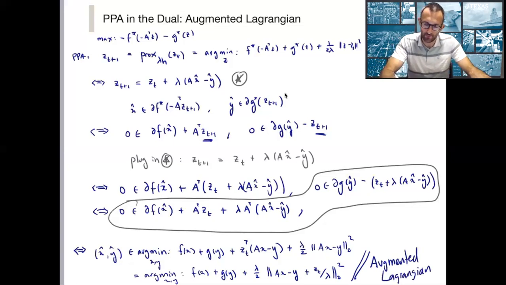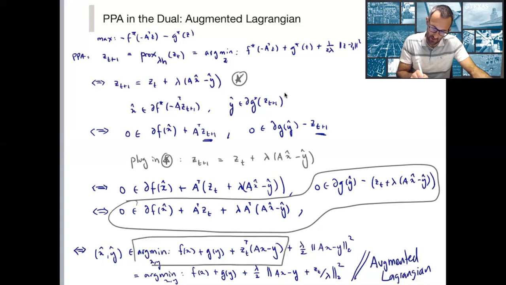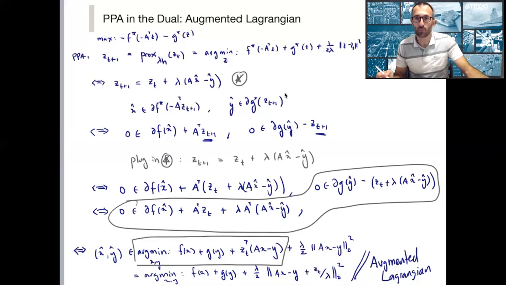Looking at this first part, if I just had this, you can see that there is no coupling between x and y. So this would decouple into the two problems that we saw for gradient ascent, namely minimizing over x of f(x) plus z transpose Ax, and minimizing over y separately of g(y) minus z transpose y.